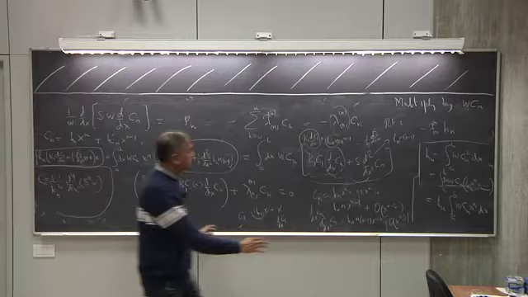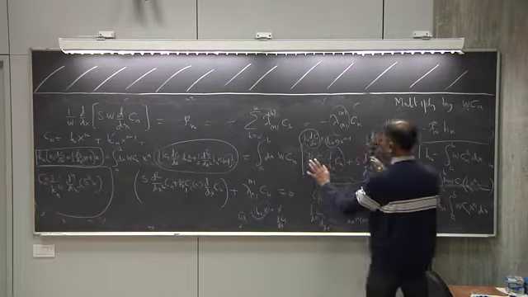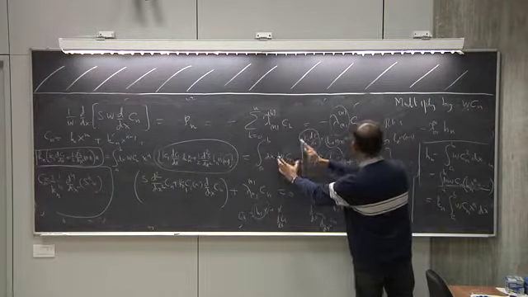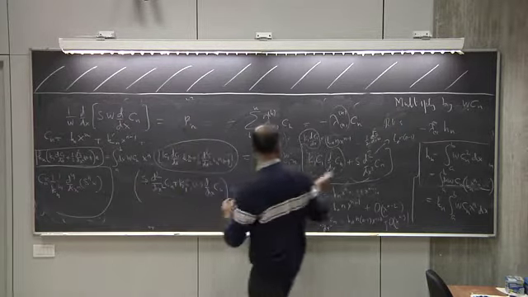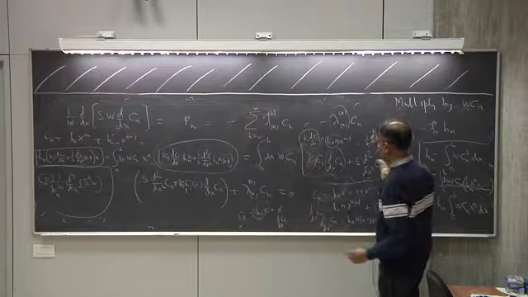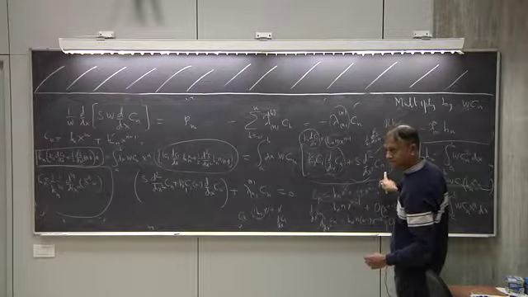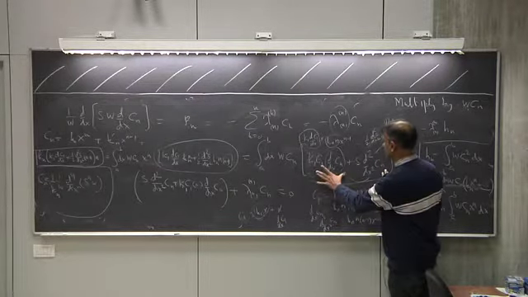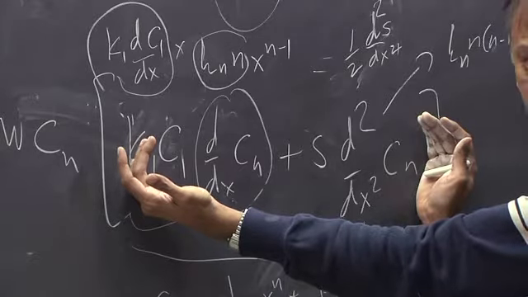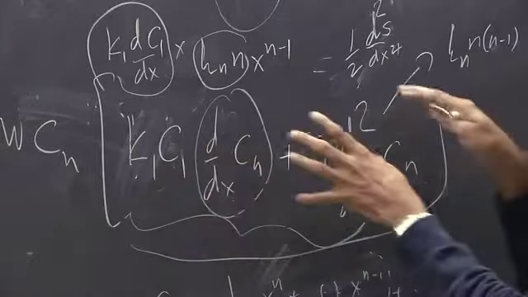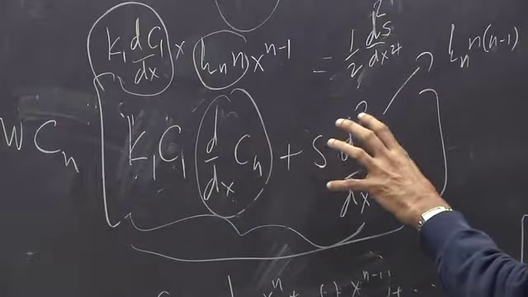So again, to remind, what was the logic here? The left hand side was I multiplied w cn to this guy, but this guy was the same as that. Now this is the nth degree polynomial. The only non-zero contribution will be coming from the x to the n term from here, nothing else. So I'm just extracting the x to the n term from both these terms.